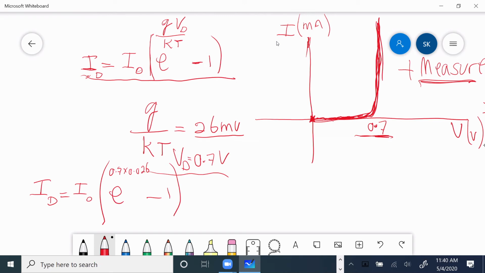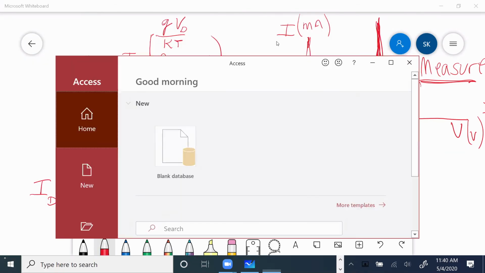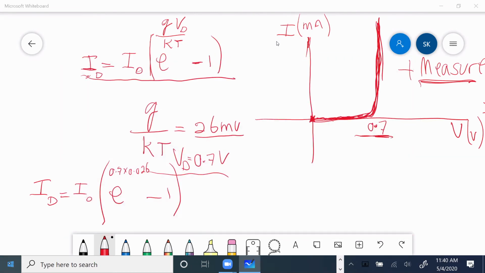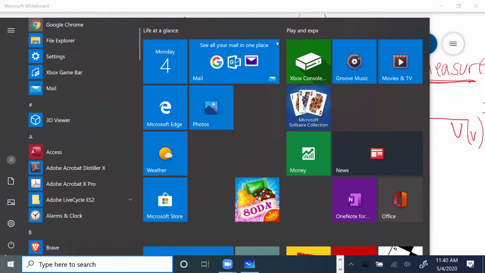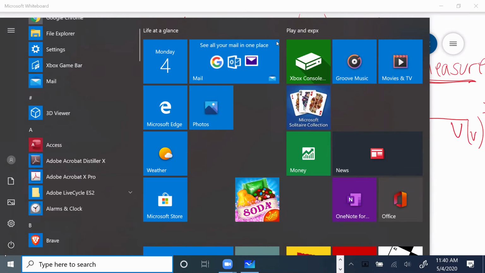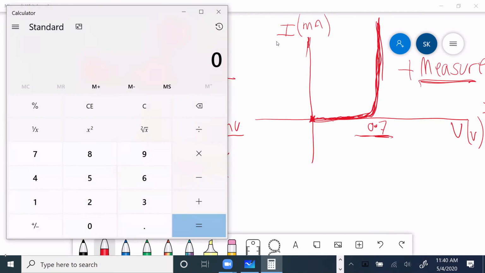Let's see what that makes. Let me see if I can measure that. Oops, not this one. Where? Point 0.7 times 0.026.